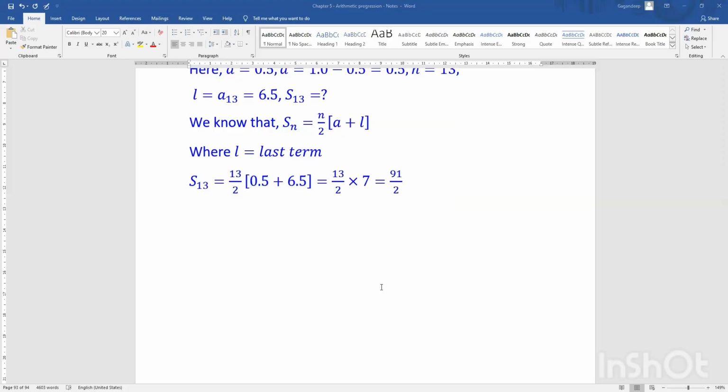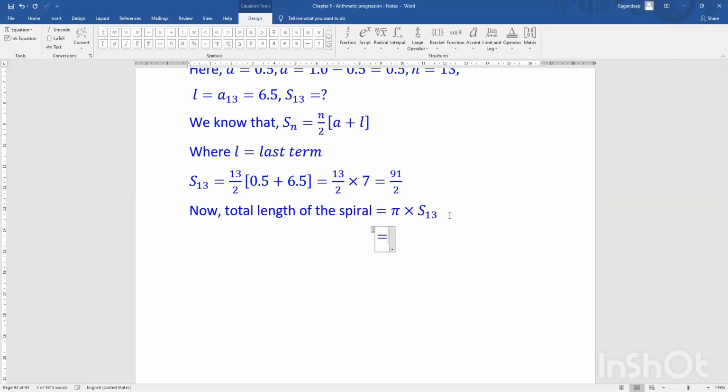Now the total length of the spiral is nothing but pi into S13. Let us write pi as 22 by 7. Then multiplication sign, then 91 by 2.